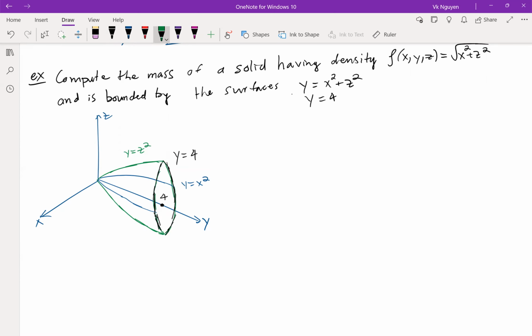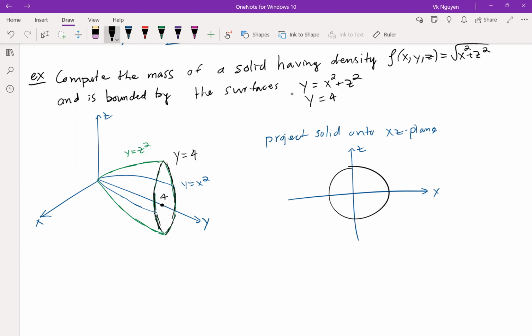Projection of E onto the xz, project the solid E onto the xz plane. And of course, because this is the solid, right?